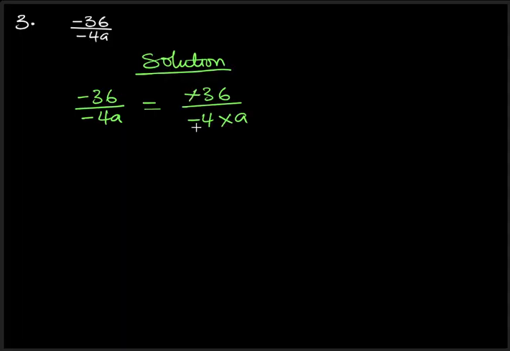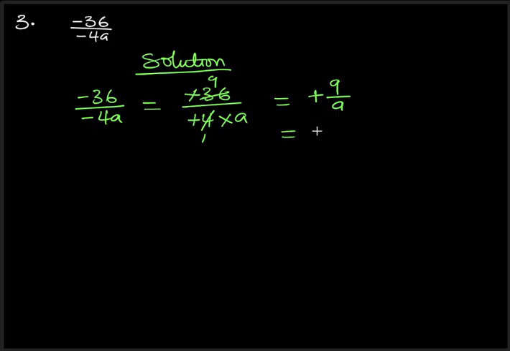Minus divided by minus will give us plus. And then 4 here, 1, 4 into 36 will give us 9. So our answer here will be 9. Of course, that will be plus 9 all over 1a, and 1 times a is a, as 1a means a. So this is our answer.